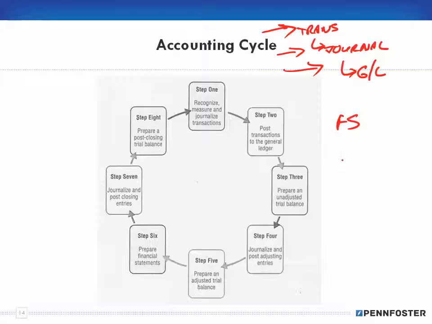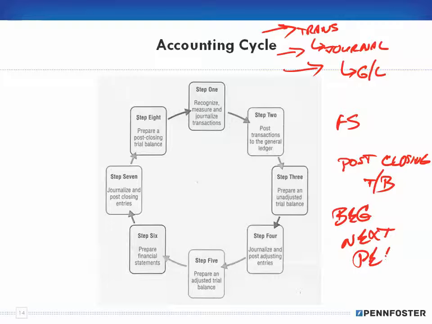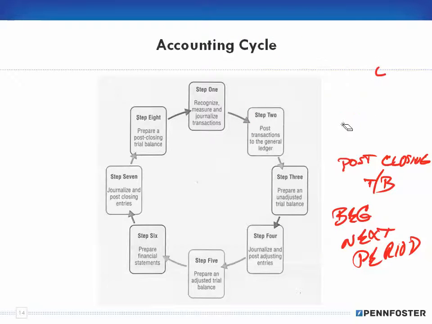And as the final step in that closing process, we have a post-closing trial balance, which becomes the beginning balances for the next period. And we go through everything all over again. We're right back up to here, which is what this flow chart diagram is showing.